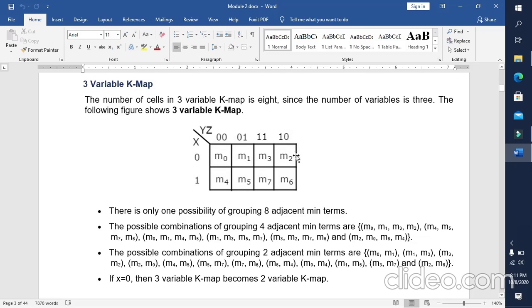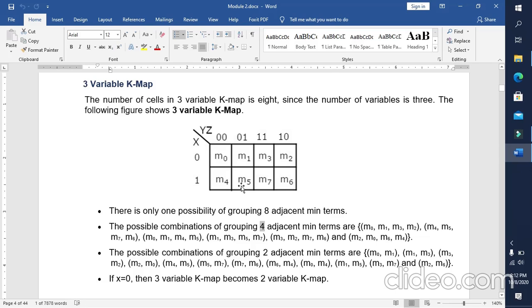You can group all of them by 8. All 8 of them together, that is possible. Another combination is you can group it by 4. So, you can group the min terms that you can group. You have M0, M1, M3, and M2. You have M4, M5, M7, and M6. You can also have M0, M1, M4, and M5.